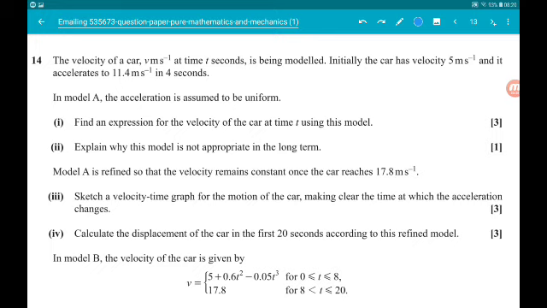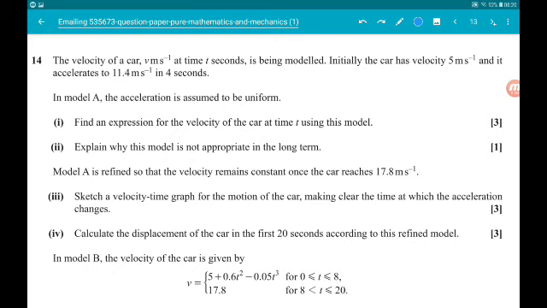Part 1 wants us to, in Model A, the acceleration of the car is assumed to be uniform, so constant acceleration. Find an expression for the velocity of the car at time t using this model.